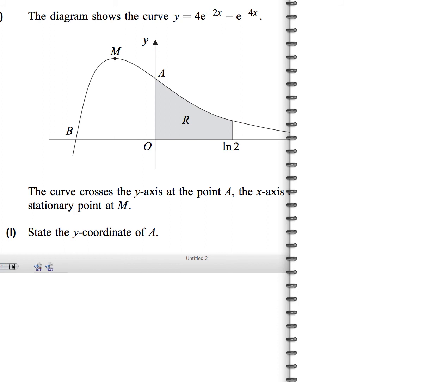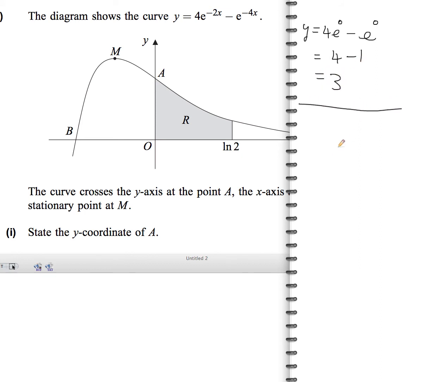So we've got the equation y is equal to 4e to the minus 2x minus e to the minus 4x. Now at A, x is going to be 0, so that's going to be 4 times e to the power 0 minus e to the power 0. E to the power 0 is 1, so it's 4 minus 1, which is 3.